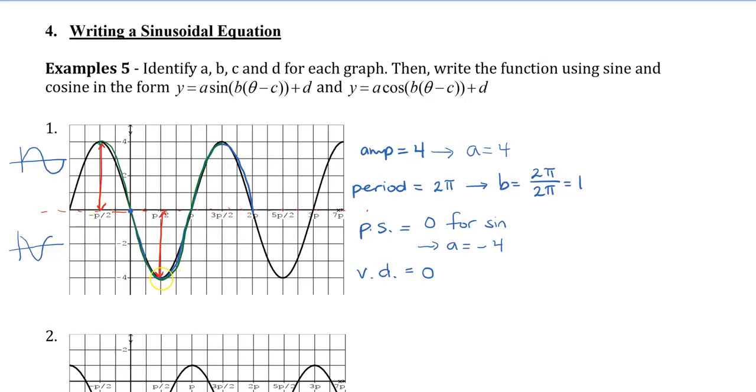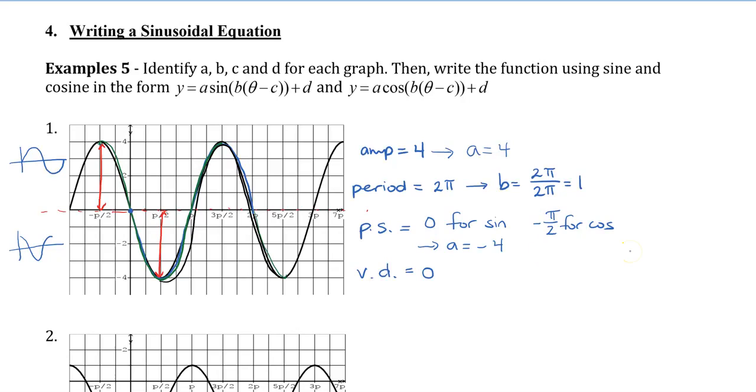Or we can think of it as this graph here, which I'll color in black, and it's going to shift right by pi over 2. But then when we do that, the cosine function is also flipped upside down. So to make it a little bit easier, let's leave this as -pi over 2. And that's going to be for cos, so that then our a value will actually be positive.